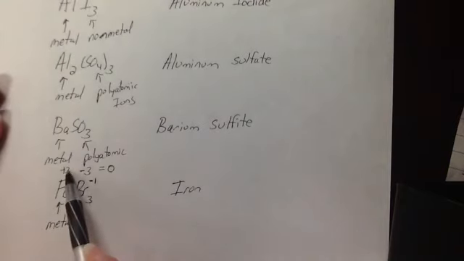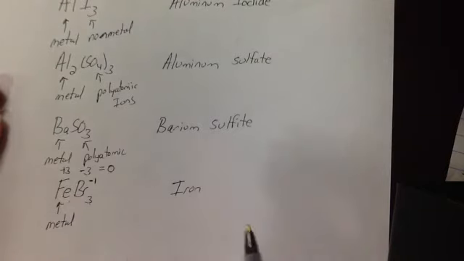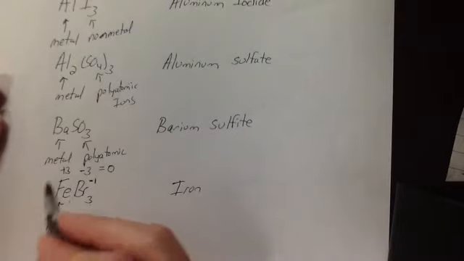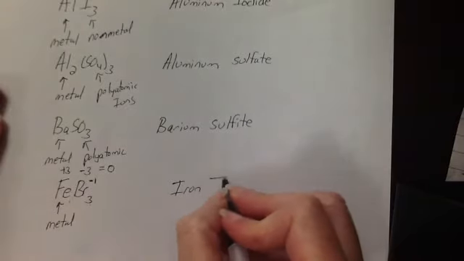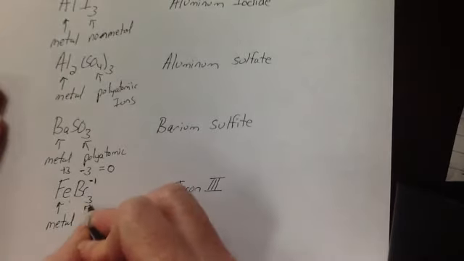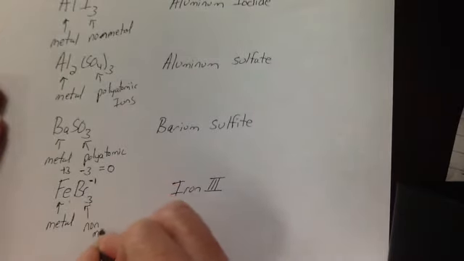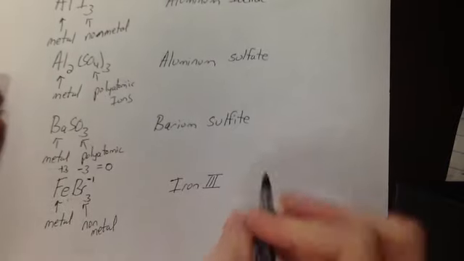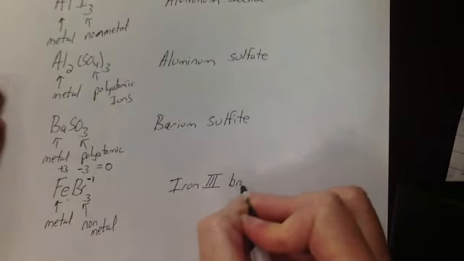That's not your Roman numeral. Then you have to say that number divided by your subscript. 3 divided by this 1, understood 1 here, is 1. So that means that 3 divided by 1 is 3. So the Roman numeral is 3. And then this is a nonmetal. So we'd drop the ending and add IDE. So that would be bromide.